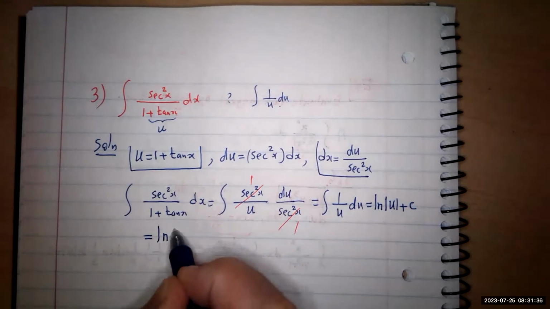Okay, any question? So again, it's very popular. I give you secant squared over 1 plus tan. They may give you cosine over 1 plus sine, and they may give you sine over 1 plus cosine. These are the possibilities. You may be given in your practice one, you have 1 plus secant.